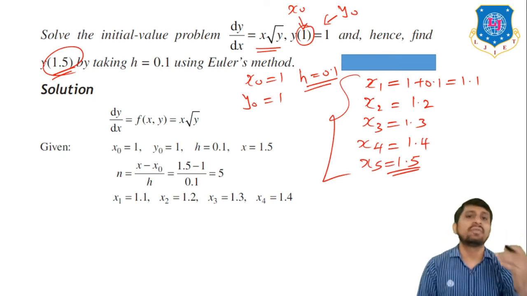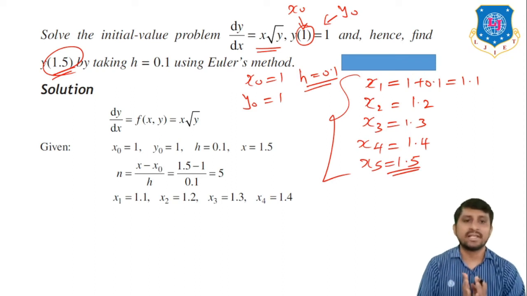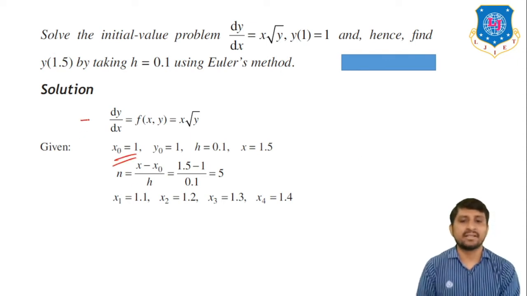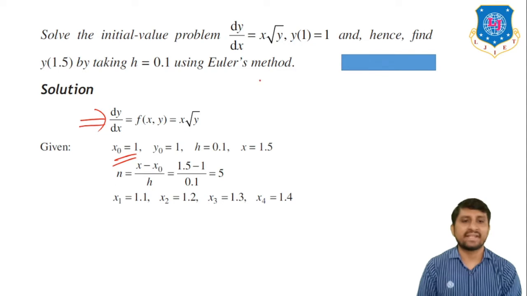So you have to go up to the fifth approximation. First you find y1, then y2, then y3, y4, and y5. Please write all the data. This is your dy by dx, that means f of x y is x root y.